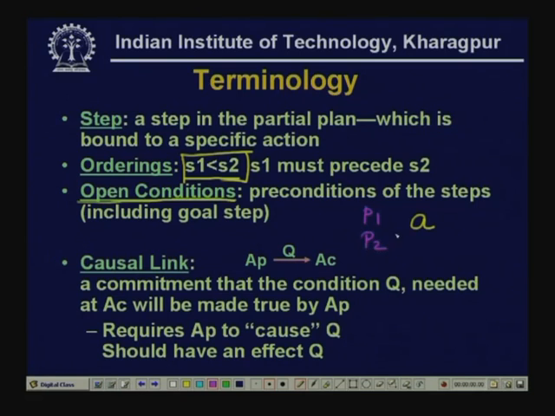Let us say P1 and P2 are preconditions of action A, and also, for every action we have the add list and the delete list. Suppose Q1 and Q2 are added and Q3 is deleted. So, P1 and P2 are the preconditions of the action A. Open conditions are those preconditions of the step A that have not yet been satisfied.